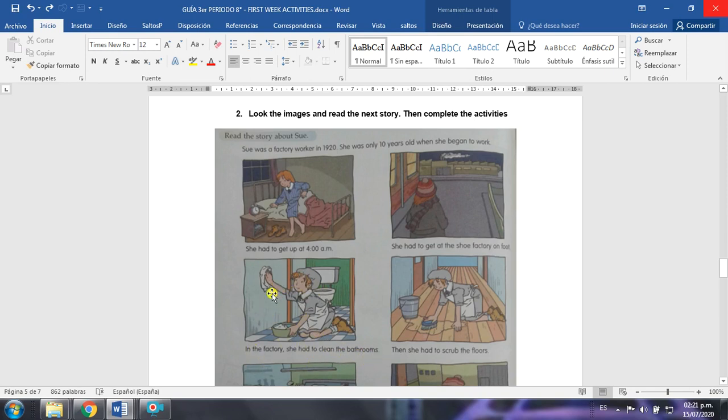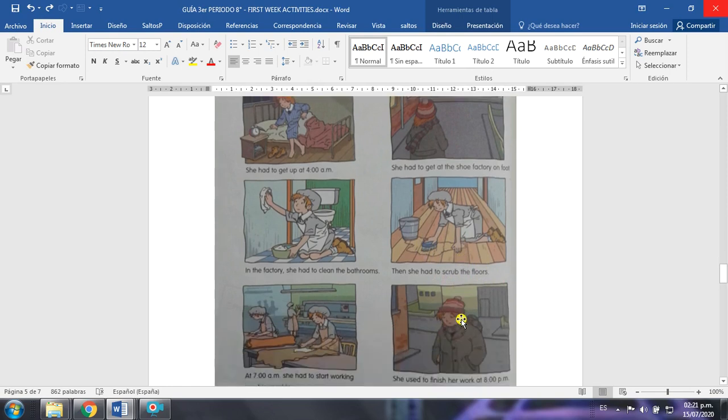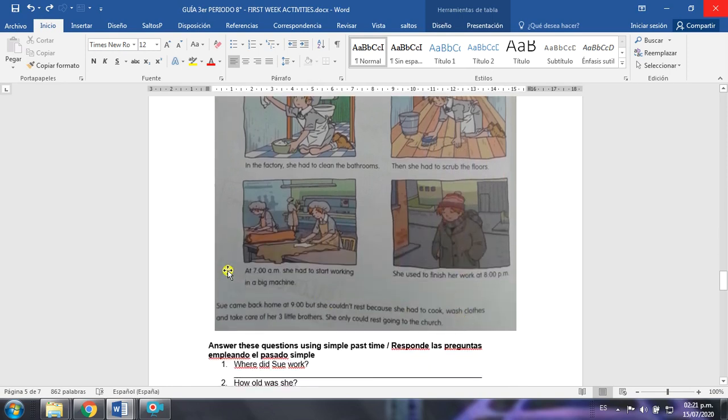She is cleaning the bathroom. Then she had to scrub the floors. Scrub the floors. At 7 a.m., she had to start working in a big machine.